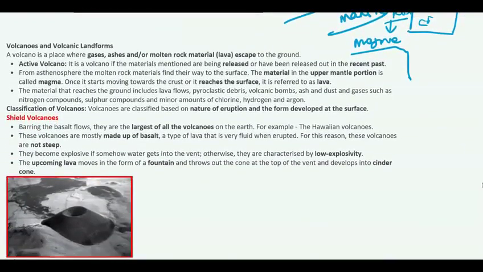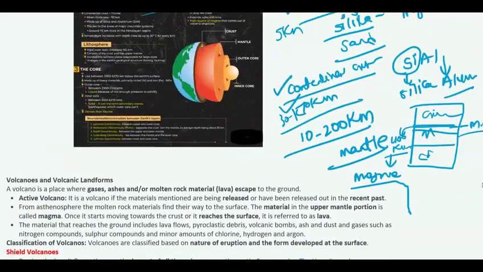So let us discuss the boundaries and discontinuities between the earth layers. The first one is the Conrad discontinuity. It is between the upper and lower crust.